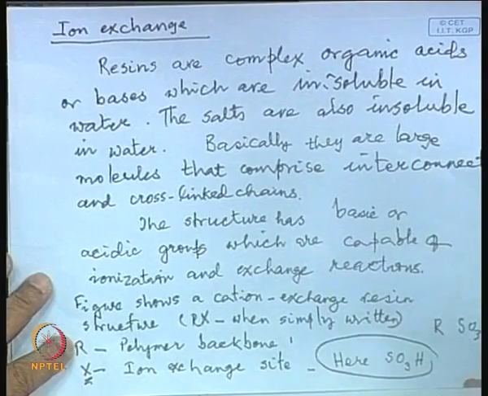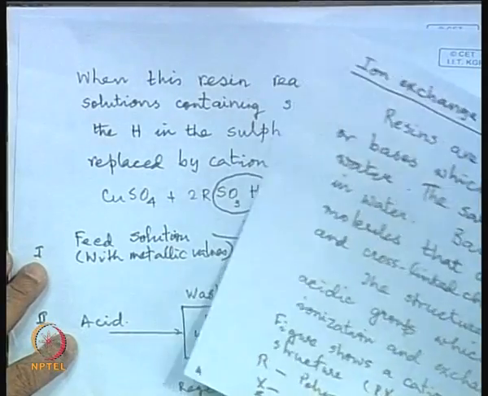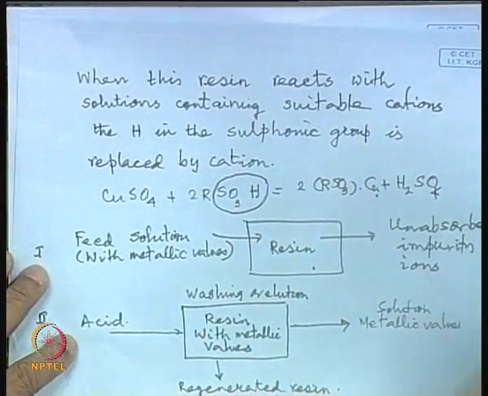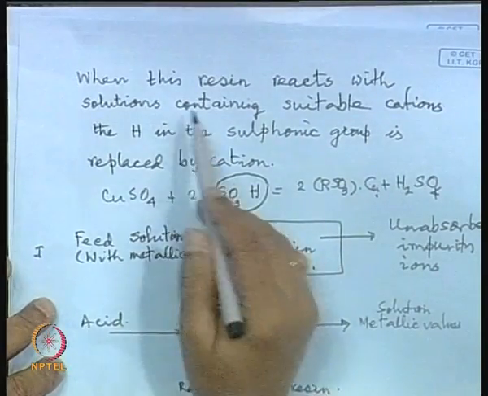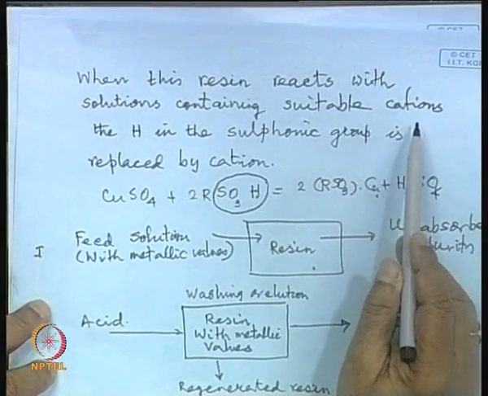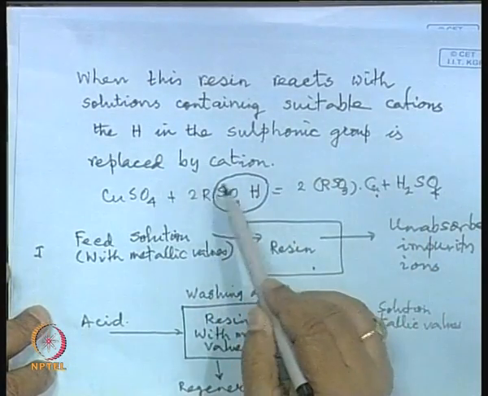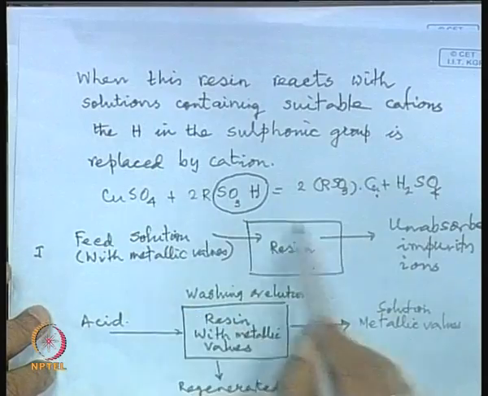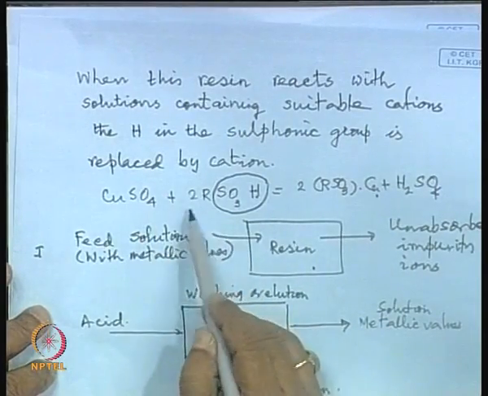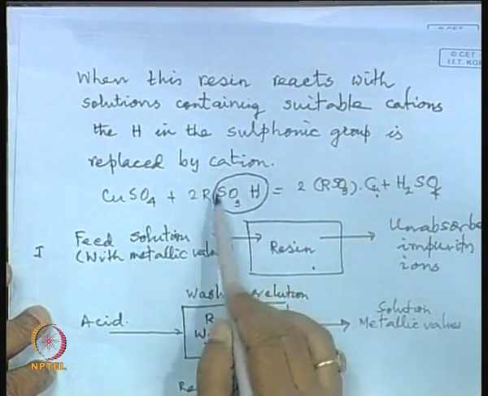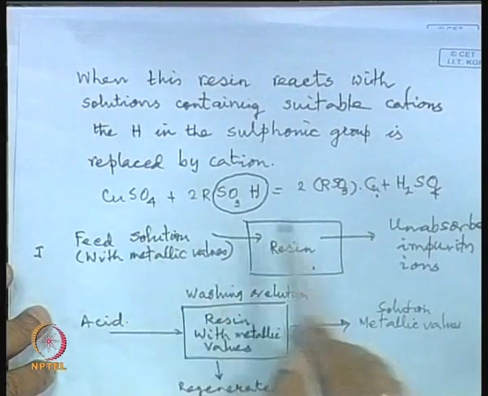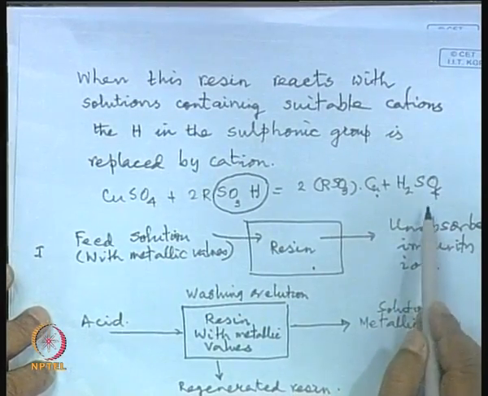Because a cation will be exchanged, this is called a cation exchange resin. And as I had mentioned, when this resin reacts with solutions containing suitable cations, the H in the sulfonic group is replaced by cations, and we represent it by writing like this. This is the resin. This sulfonic group is replaced by copper, it produces H2SO4.